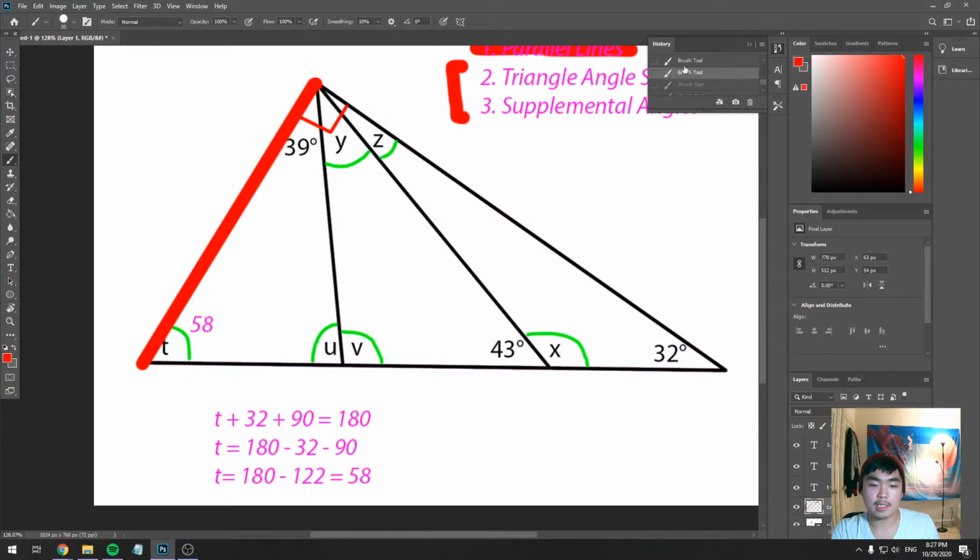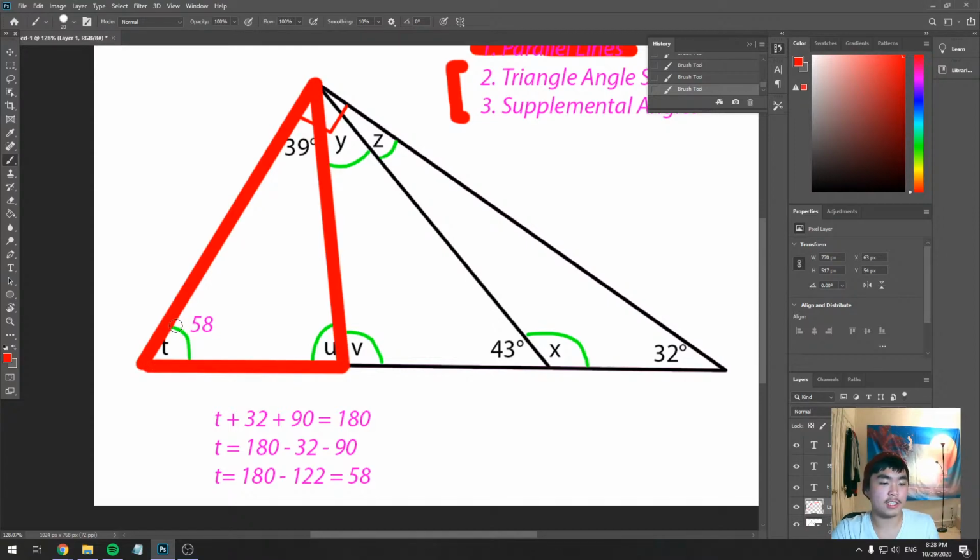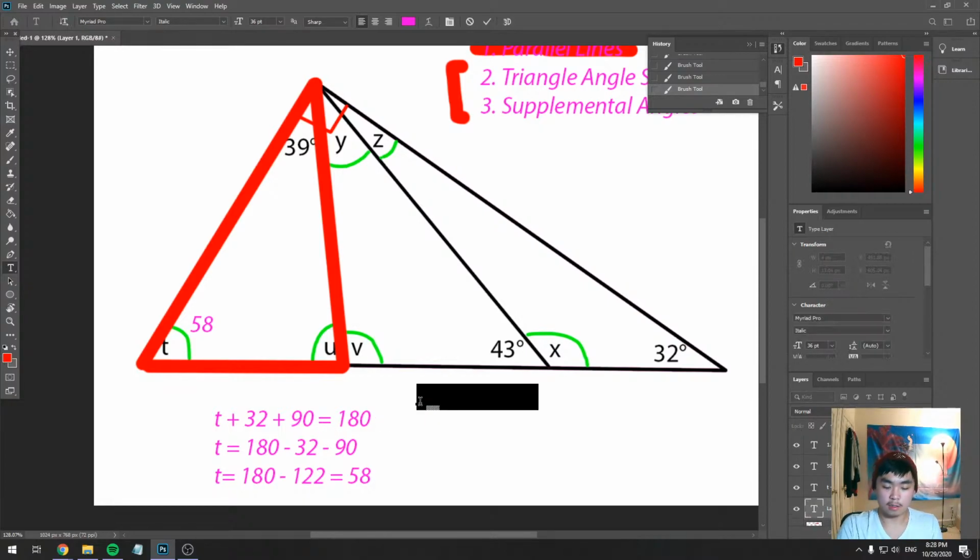In this triangle, I already solved for T, so now I can solve for U, because we said T plus U plus 39 should equal 180. So now I can do 58 plus U plus 39 equals 180.